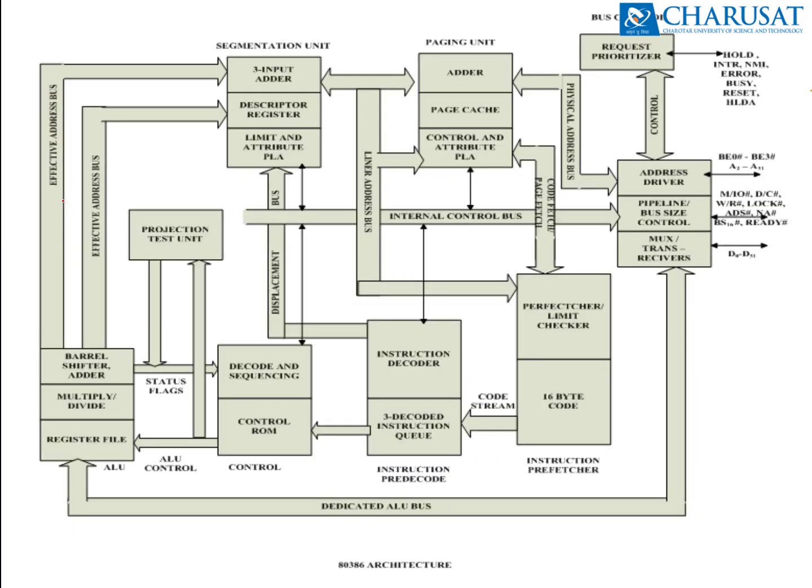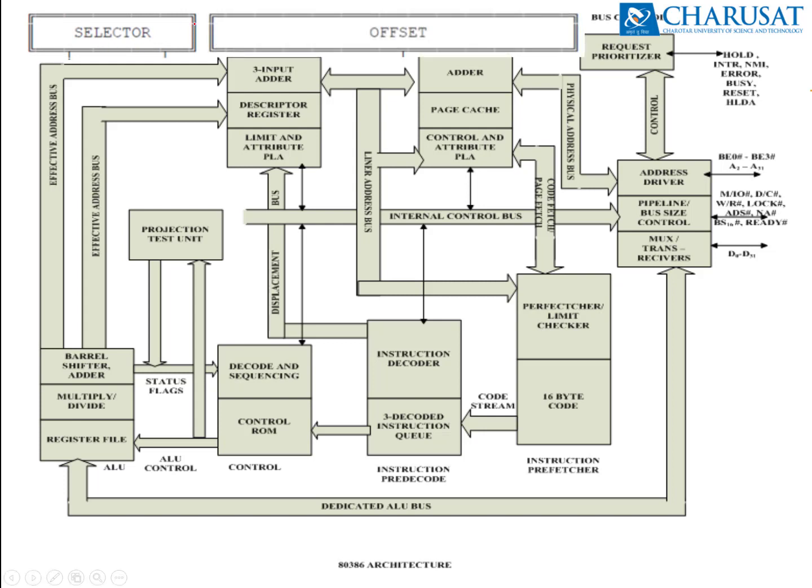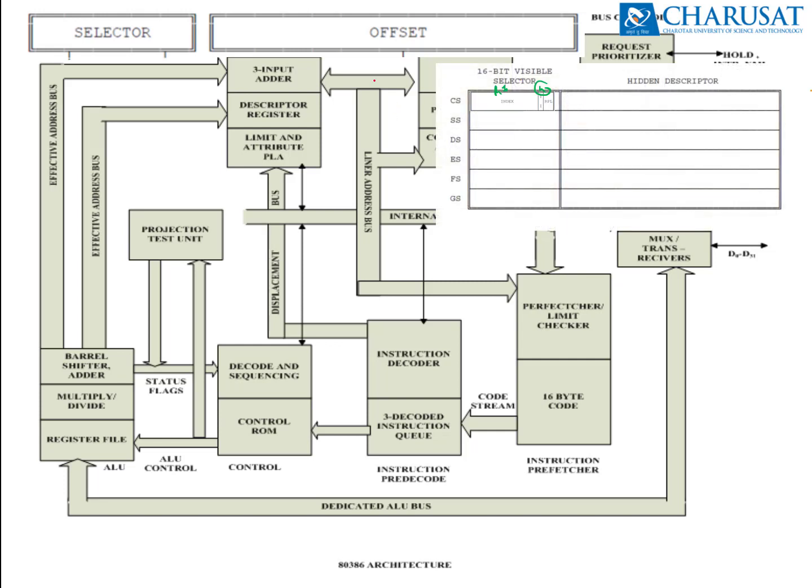Now we are going to discuss the conclusion of all this discussion, where it is placed. This is the format of the selector. It is a 14-bit selector and 4 bits for control. This selector is part of the CSR register, and the register also contains the hidden descriptor.